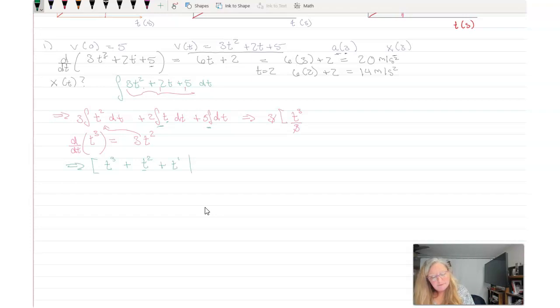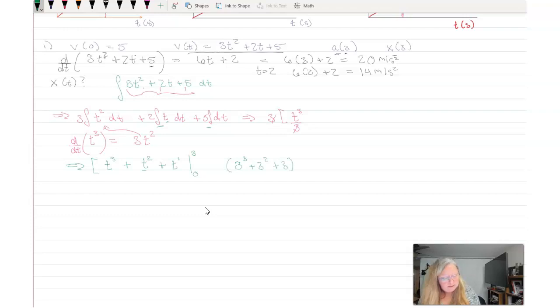And now here we have limits. So we're evaluating from t equals 0 to t equals 3. Notice that at t equals 0, it's 0. So remember, that means that, starting at the top, I'll have 3 cubed plus 3 squared plus 3.